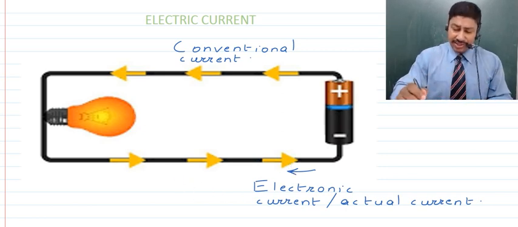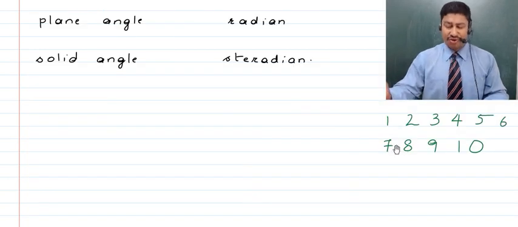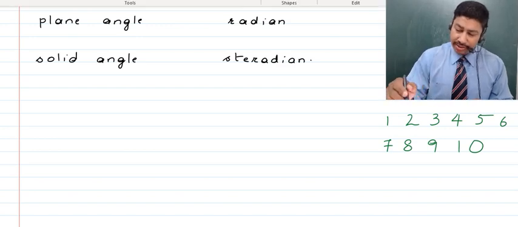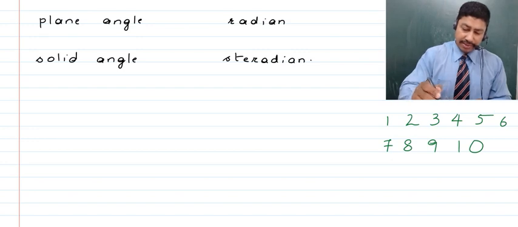Now there's another reasoning which tells you that if you talk about the direction of the electric current, it is actually no direction. That is because when we talk about, say, a wire, let's try drawing a wire here.